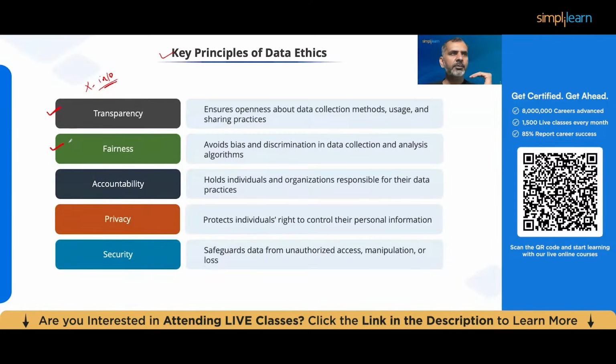Second is fairness. That means avoiding any kind of bias and discrimination in the data collection, analysis process, and algorithms. Let's suppose you are collecting data for customer segmentation. You want to conduct a study for customer segmentation, and now you are collecting data for that. While collecting data, you need to touch upon every section of the customers.